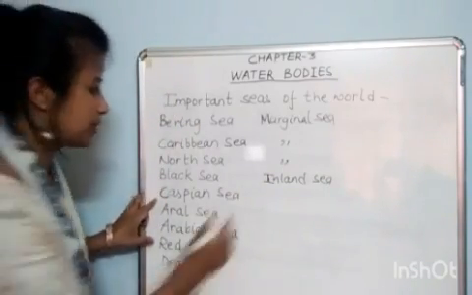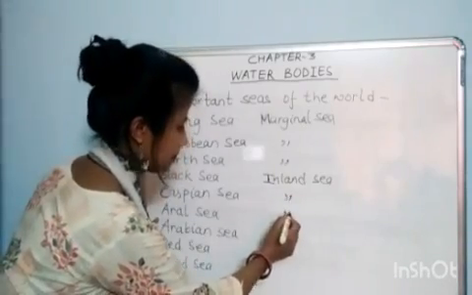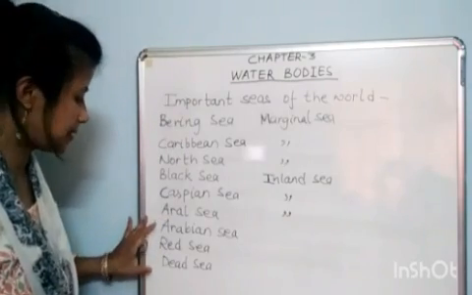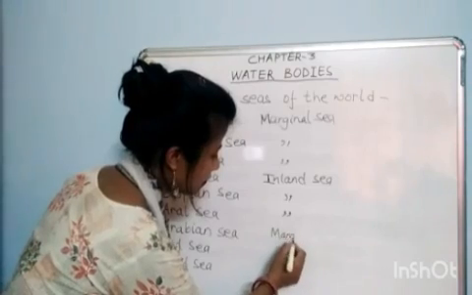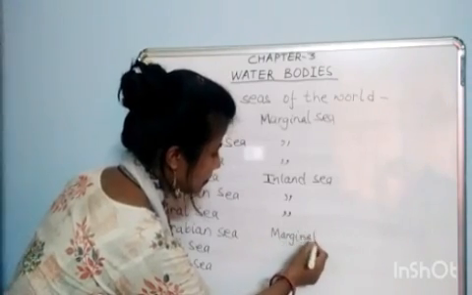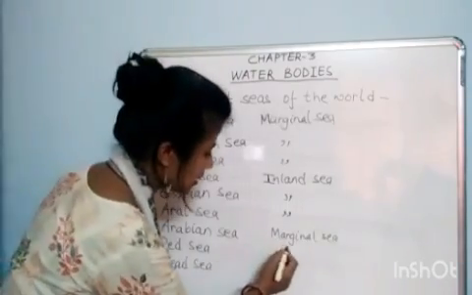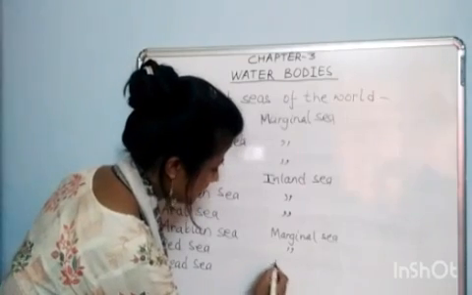Black Sea, Caspian Sea and Aral Sea are completely enclosed by land. Arabian Sea, marginal sea. Red Sea, marginal sea, and Dead Sea, inland sea.